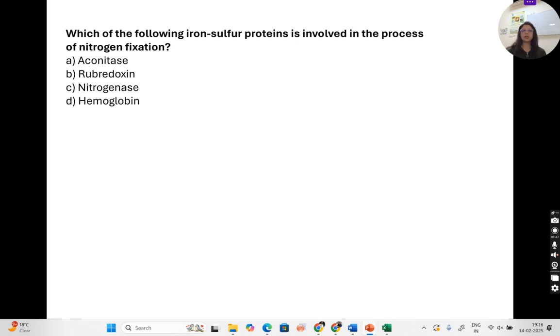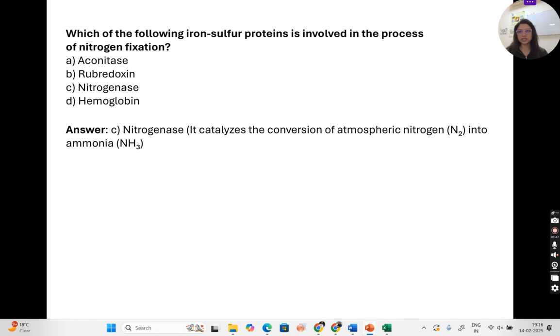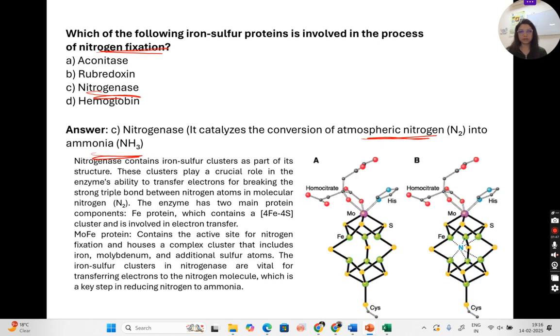Okay, so it's a tricky question. It is not rubredoxin or ferredoxin, but a different type of iron sulfur protein, which is nitrogenase. Nitrogenase, as its name suggests, is for nitrogen fixation. Nitrogenase catalyzes the conversion of atmospheric nitrogen into ammonia. And this is the nitrogenase.